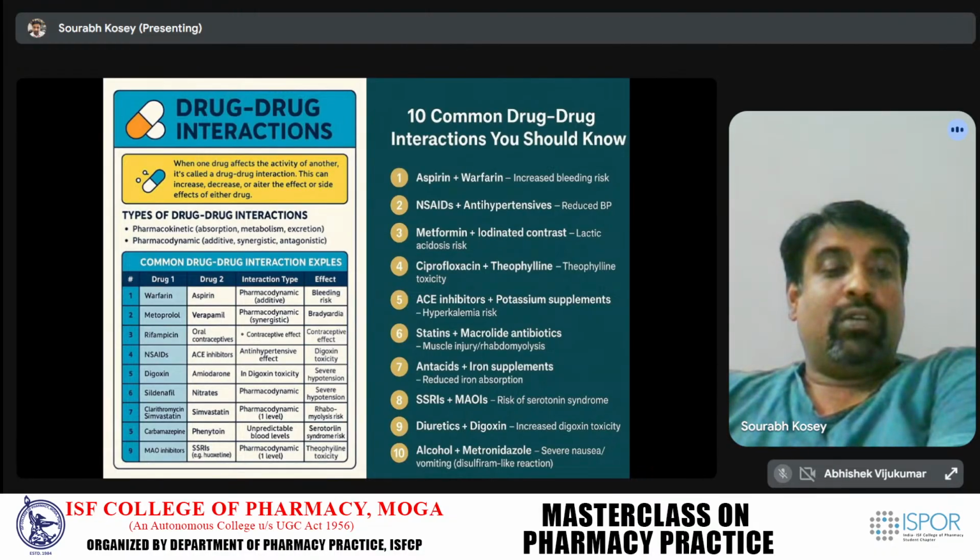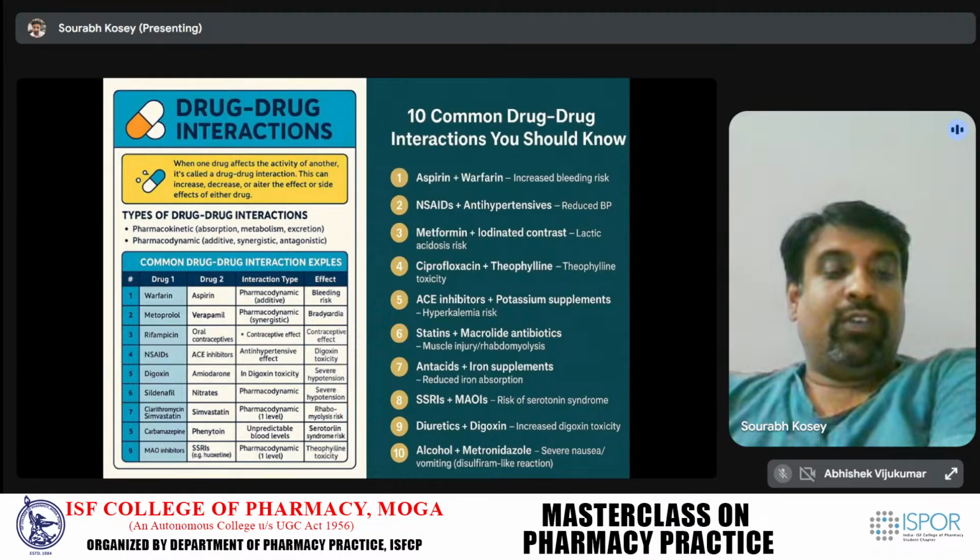Digoxin and amiodarone: severe hypotension and digoxin toxicity. Sildenafil and nitrates: severe hypotension, a pharmacodynamic activity. Then clarithromycin and simvastatin: rhabdomyolysis risk.